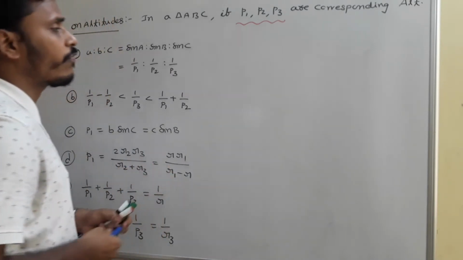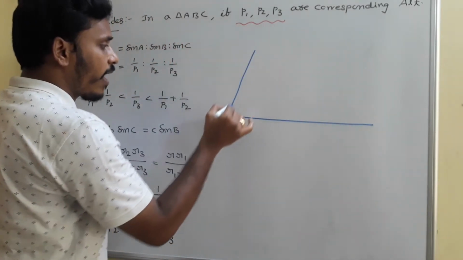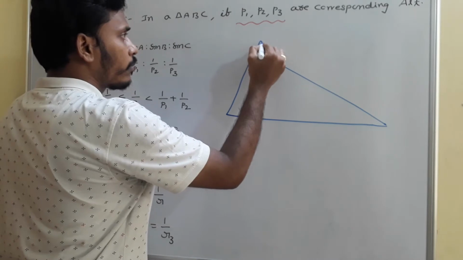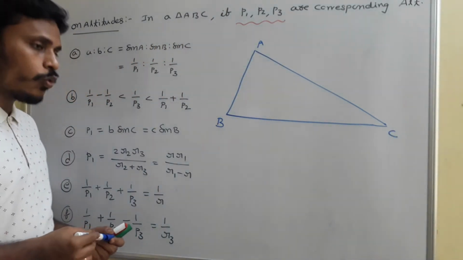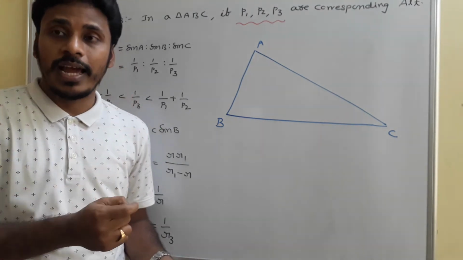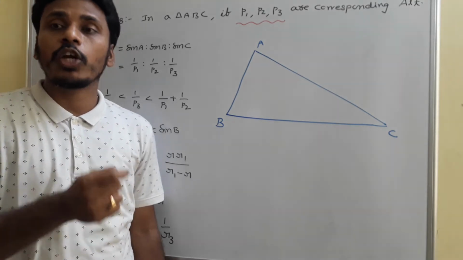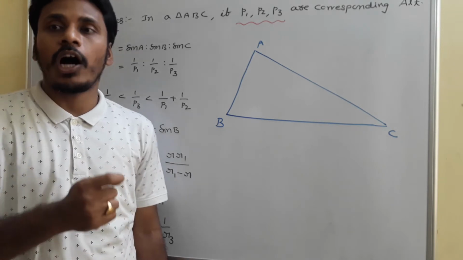Suppose you have a triangle ABC, just look at the diagram. In this triangle ABC, if you draw a perpendicular from a vertex to its opposite side, it is known as the altitude. I am repeating, a perpendicular drawn from a vertex to the opposite side is the altitude.